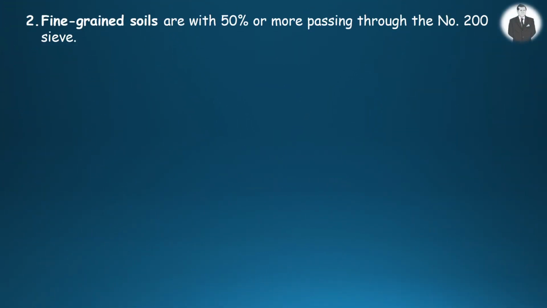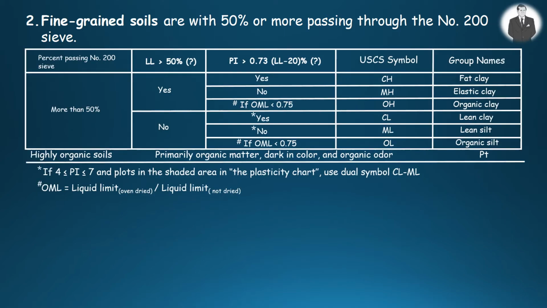The second category is the fine-grained soils. They are with 50% or more passing through the No 200 sieve. Now, if the percentage passing the No 200 sieve is more than 50%, you need to move to the second column.